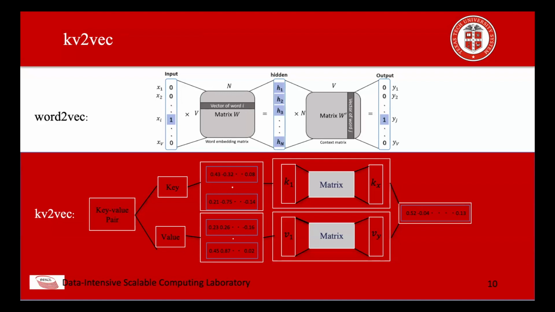In our method, we use two parallel systems. One is used to capture the keys from the attributes, and the second one is about the values from the attributes. Then we can use the RNN to compose them together into one single vector.